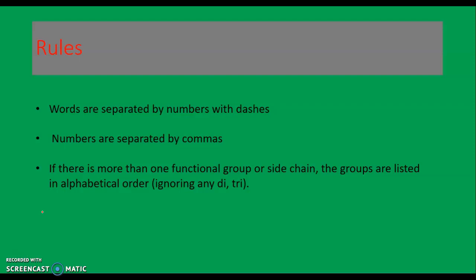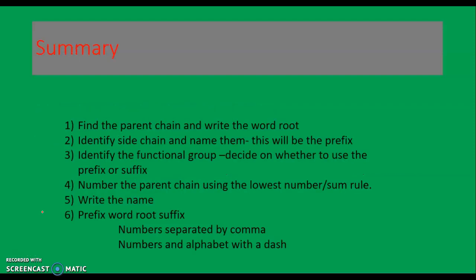Numbers are separated by commas. If more than one substituent is present, then you would use di and tri, but you would ignore any di and tri when checking the alphabetical order. They have to be arranged in alphabetical order, but you would ignore any di and tri in that case.